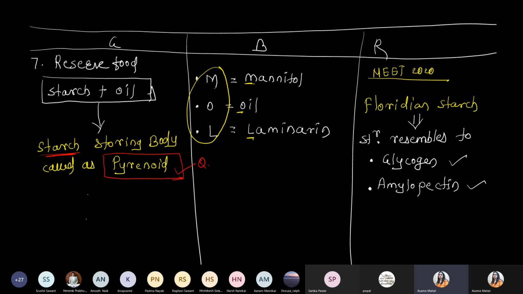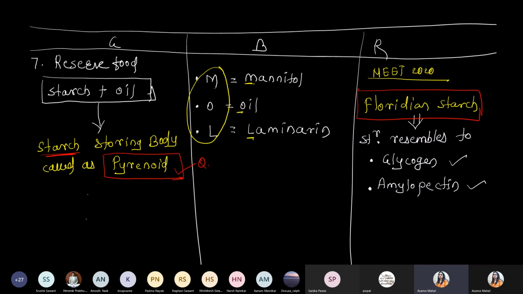Clear this point, everyone? So you have to remember two examples: number one, floridean starch, and number two, pyrenoid. So far, no question has ever been made on brown algae storage. Two questions come: one with respect to pyrenoid, another with respect to floridean starch.